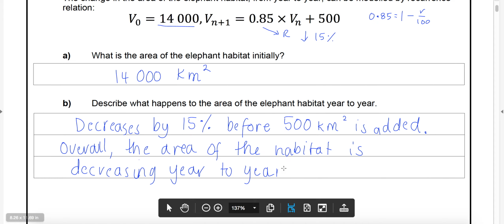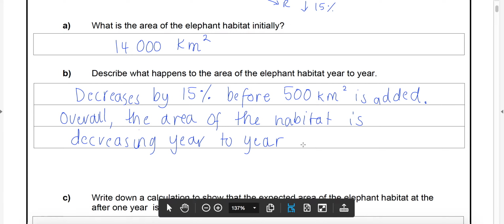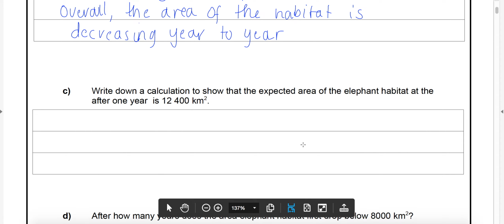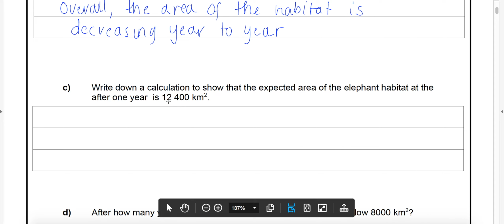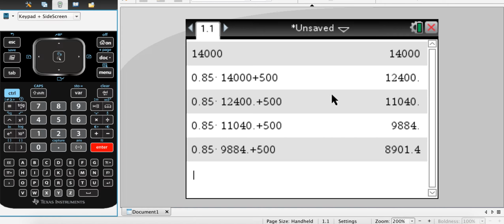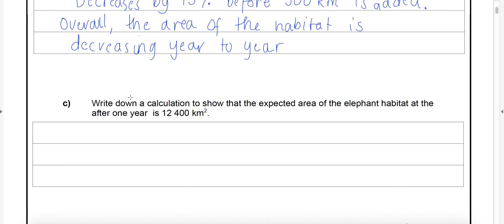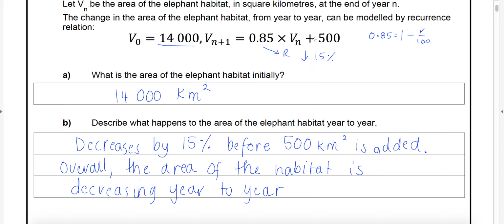Now, in this final question here, it does say to write down a calculation to show this expected area of the habitat after 1 year. Now, I've done that on my calculator already. I saw that it was 12,400. There it is there, that second value, V_1 in other words. But if I need to show a calculation, I'm really showing that I'm using this recurrence relation here with my initial value of 14,000.